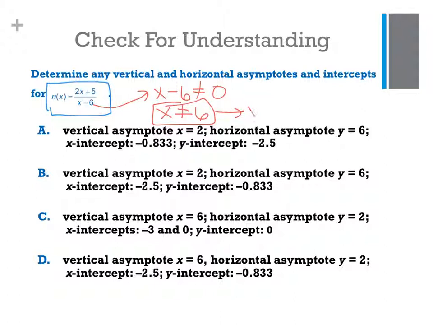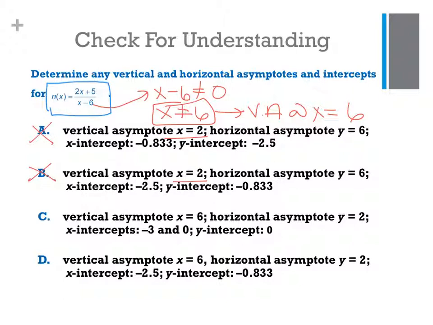So since x cannot equal 6, if we plug in 6 for x, we end up dividing by 0. That means our vertical asymptote is at x equals 6. So just glancing at the 4 choices of multiple choice, A would not be a correct response and B would not be a correct response because they're stating that the vertical asymptote is at 2.